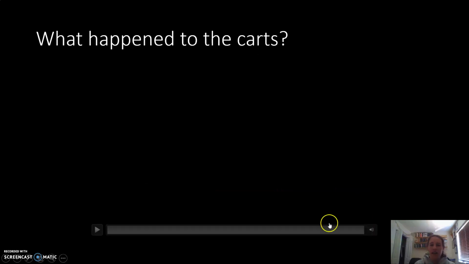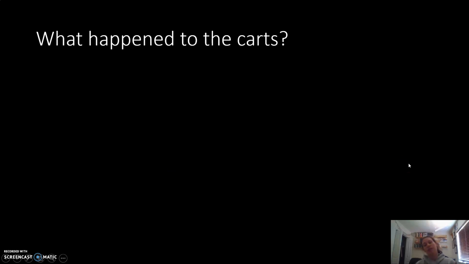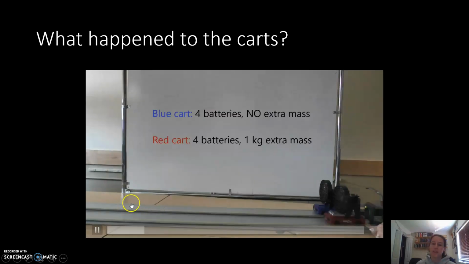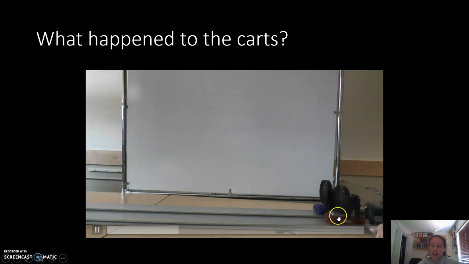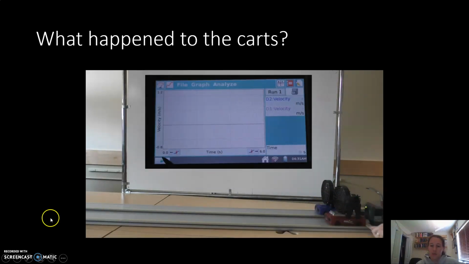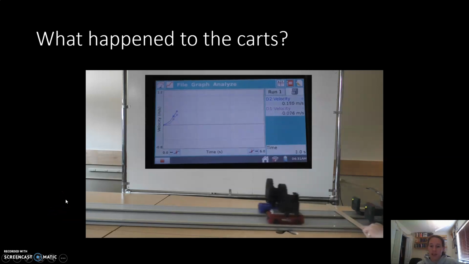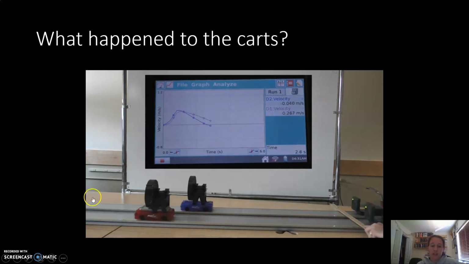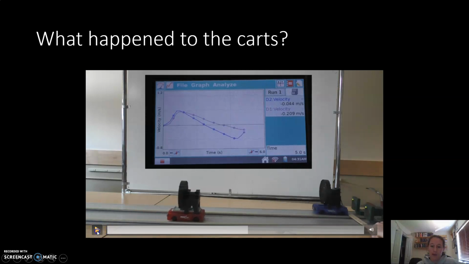So let's look at these carts as well. All right, so we have that same experimental setup where the blue one has no mass and the red one has extra mass. And what we're going to see happen is they're each going to get a push and then they're going to come backwards, right?